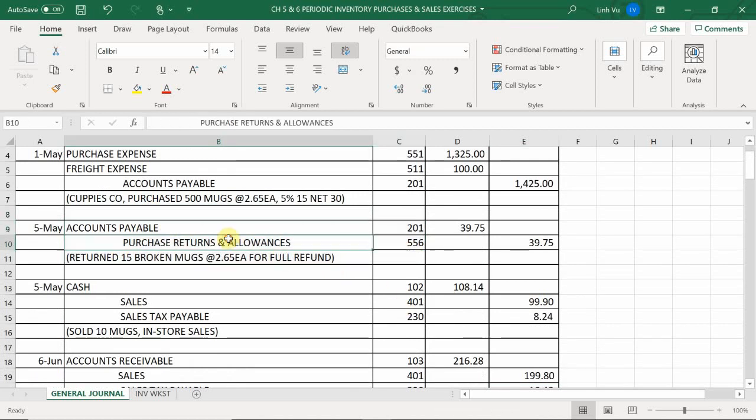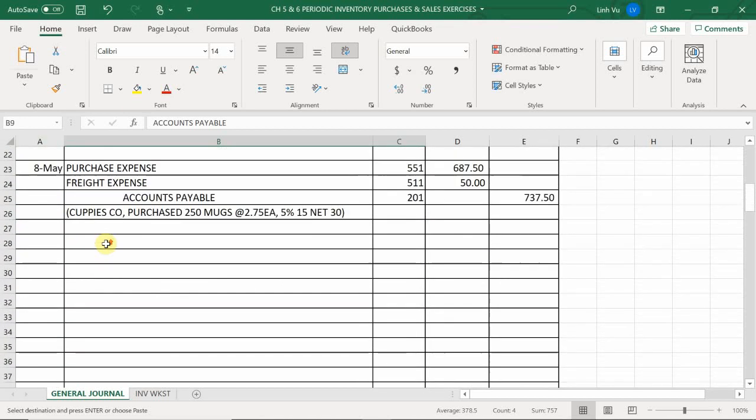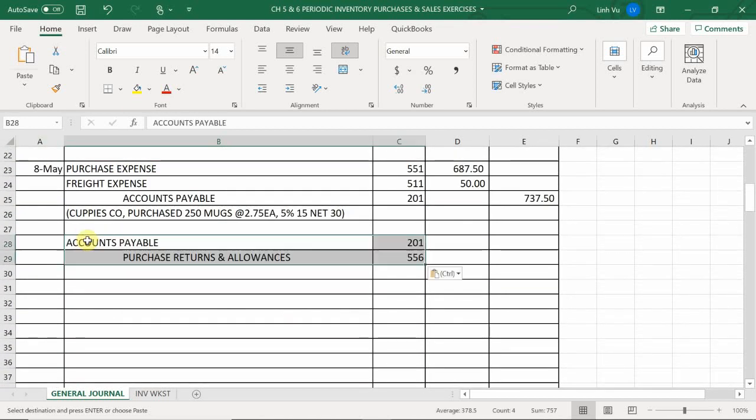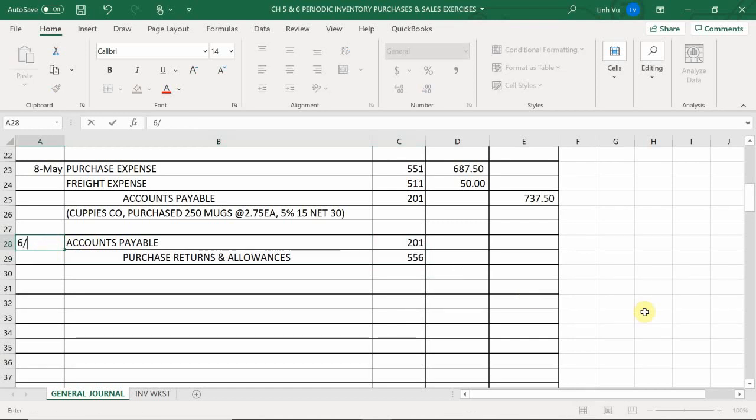No, we have terms. Yes, so therefore we are going to decrease our liabilities because we didn't pay for it. So the only way that we could get a refund is by decreasing our accounts payable. Oh, I think it's May 8th.